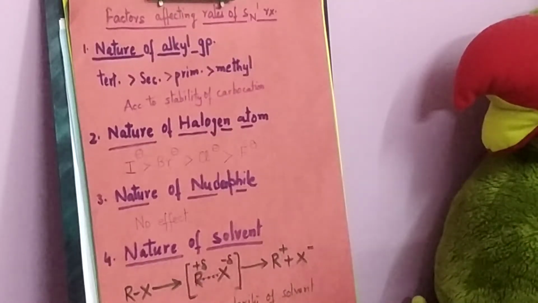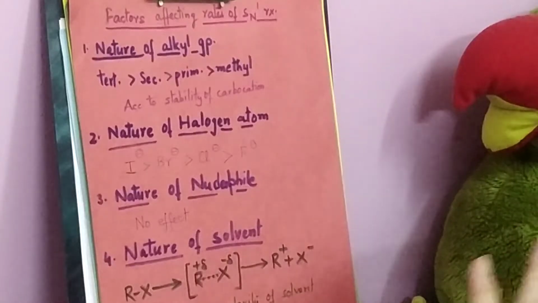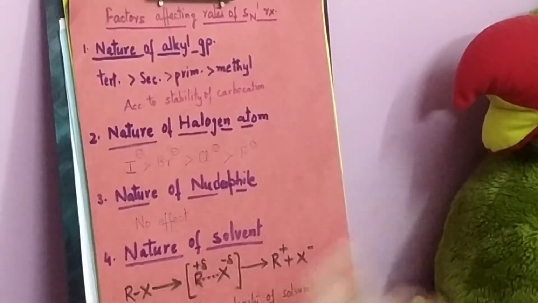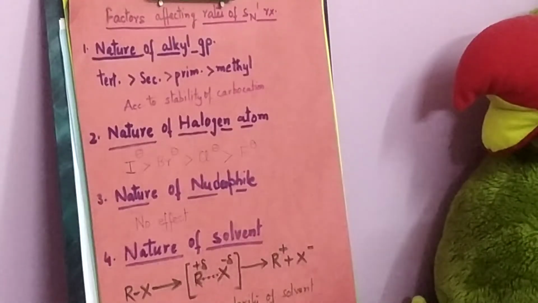that here the reaction takes place in two steps. The first step is the formation of carbocation, which takes place with the participation of alkyl halide only, and in the next step that carbocation gets converted into the product according to the nucleophile which attacks it.